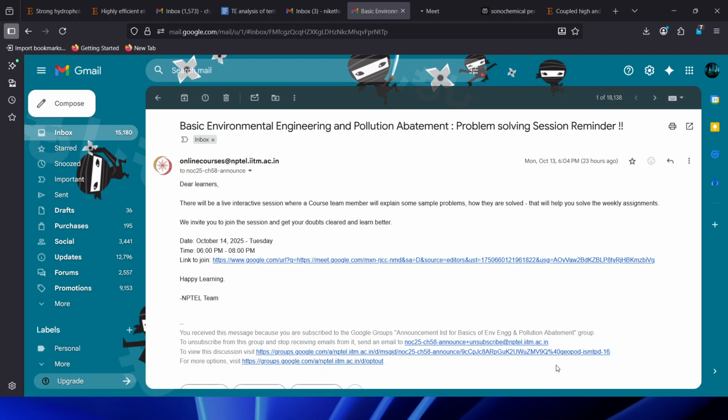And then if we have particulate pollutants, what is the method that we can use to remove them? How can we remove particulate pollutants in industries?